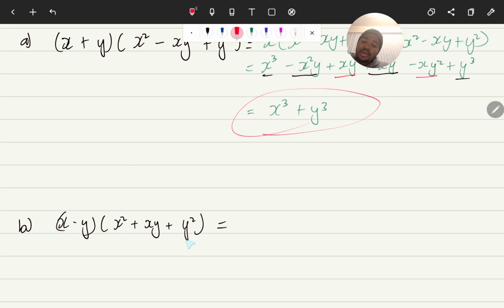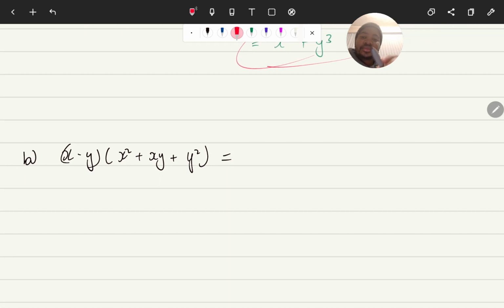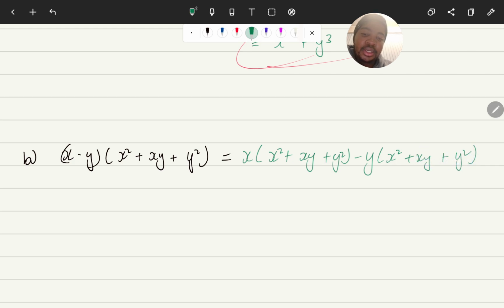Okay. We have another bracket here we're going to multiply. So let's do that. X into x squared plus xy plus y squared, minus y into x squared plus xy plus y squared.